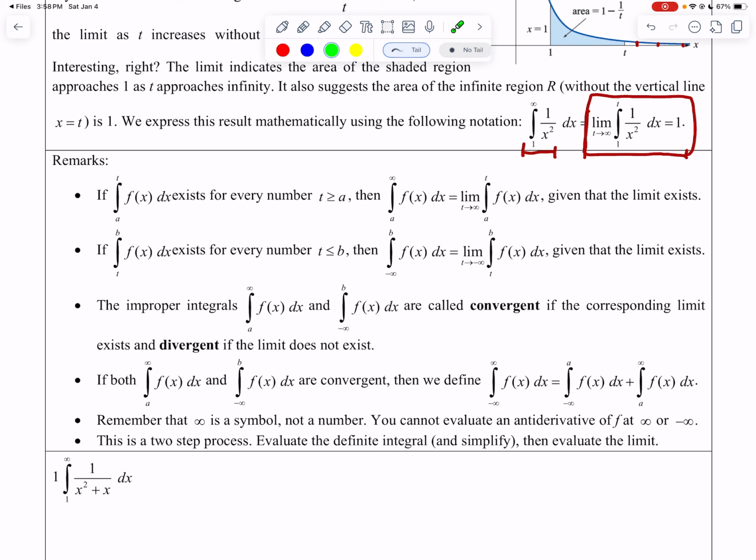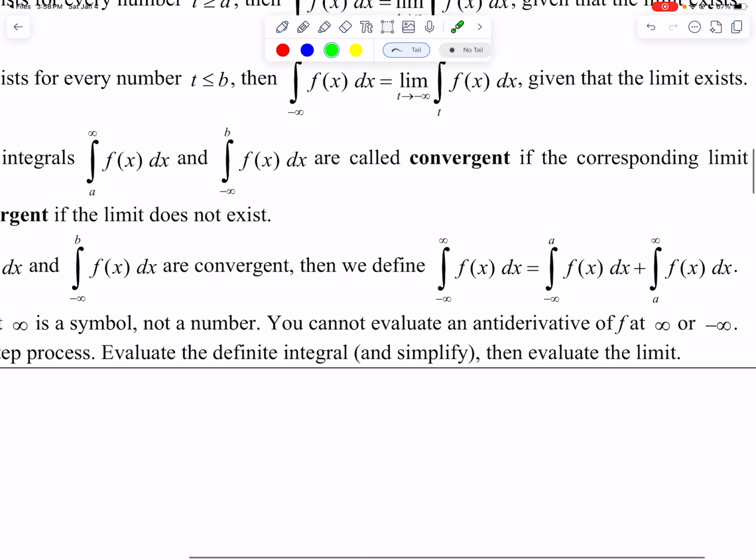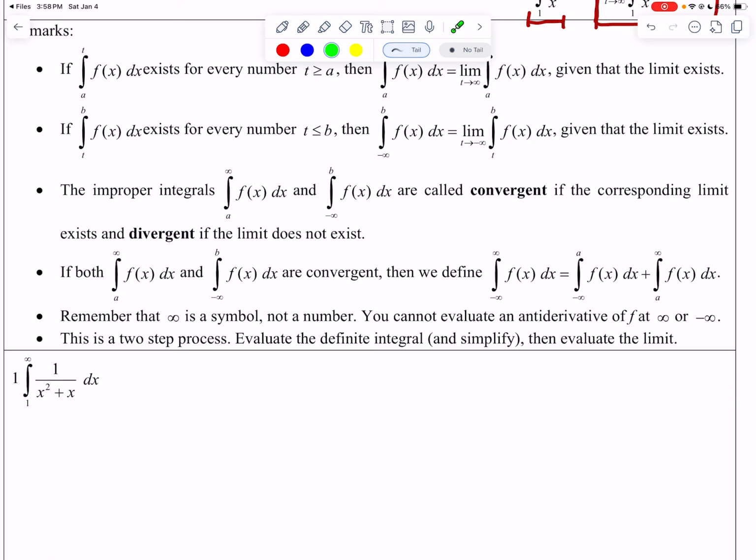Now, hypothetically, if we have something, let's say, from negative infinity to infinity, then we can split the integral up so that we go from negative infinity to a, and then a to infinity, where a is going to be some value that we could easily split up. Remember that infinity is a symbol, not a number.